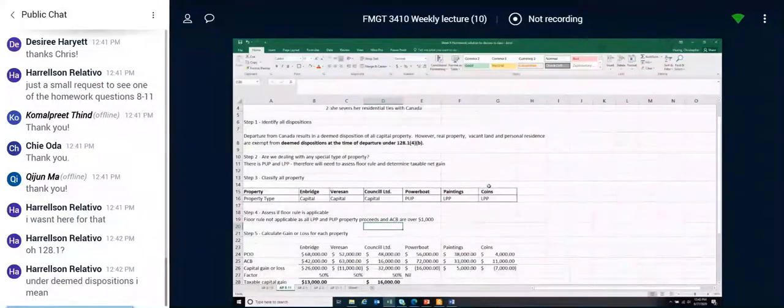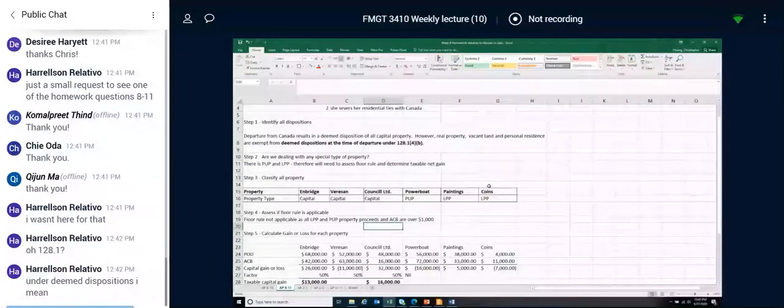We talked about this in class, right? I didn't say the provision in class, but I just said to you guys that when you're leaving Canada, real property is exempt from the deemed disposal rule. The reason is that Canada has a whole audit process that non-residents must go through if they sell real property in Canada.